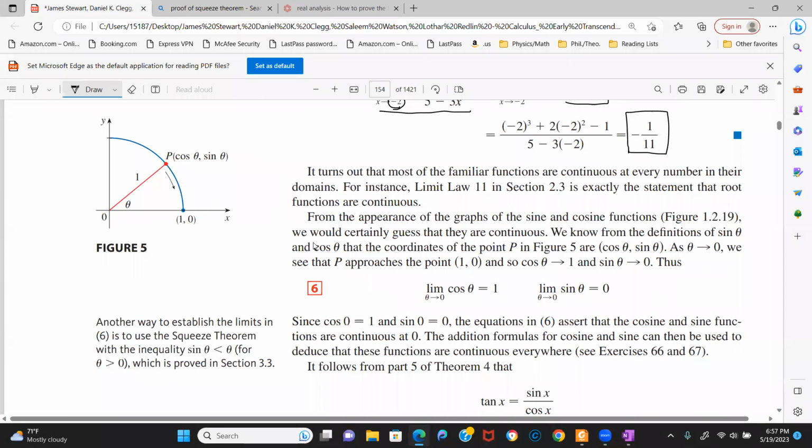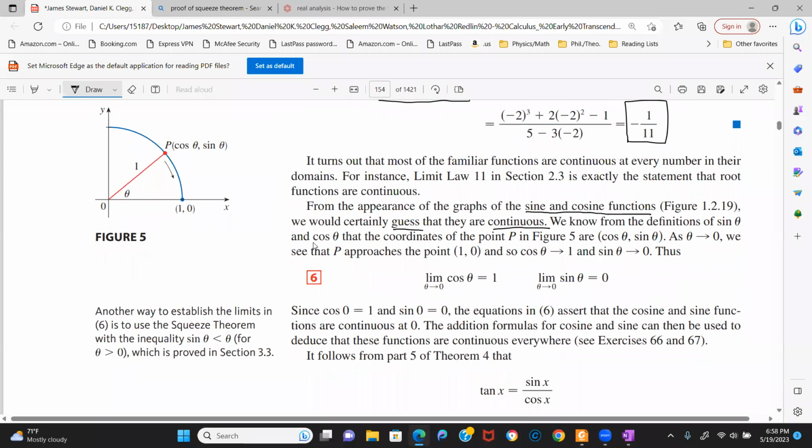Appearance of the graphs, the sine and cosine function. Okay, so I mentioned this already. Sine and cosine functions are continuous, and that's a reasonable guess, and it turns out they are. So what is it saying here? Not really saying a whole lot, honestly.